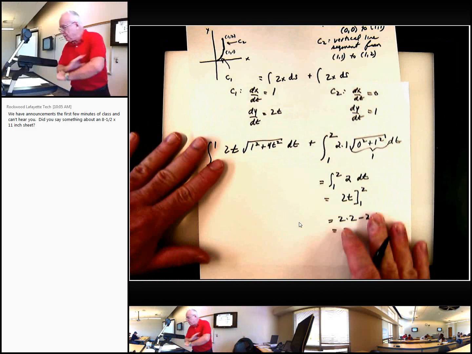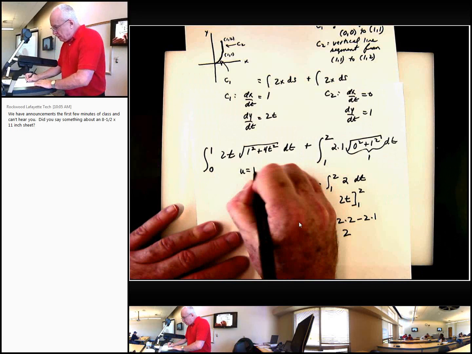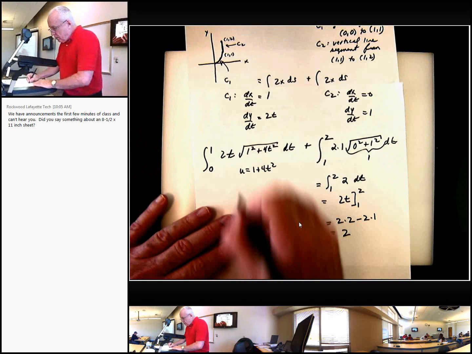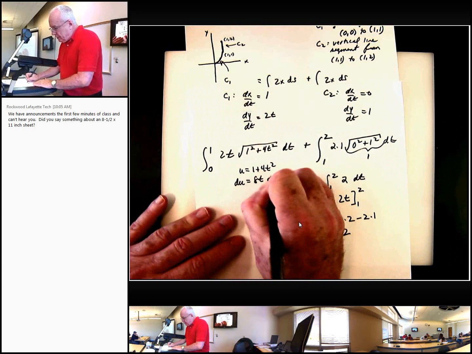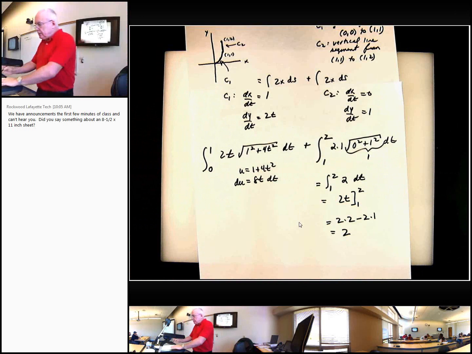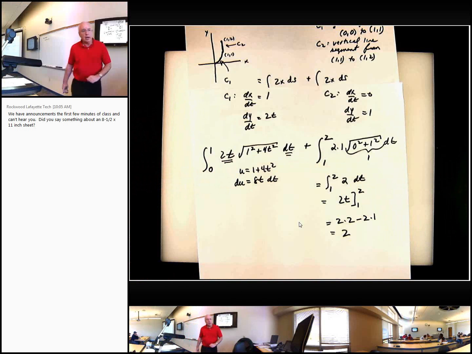Now let's go to the first one, and hopefully we all recognize we need to do a u substitution. So we're going to let u equal 1 plus 4t squared. du is going to be 8t dt. So one way to look at this is, notice I have a 2t dt in my integrand.